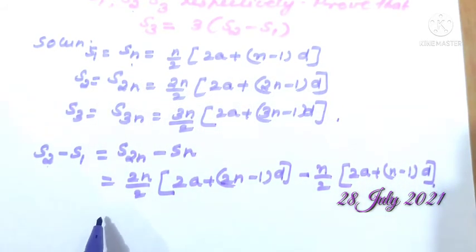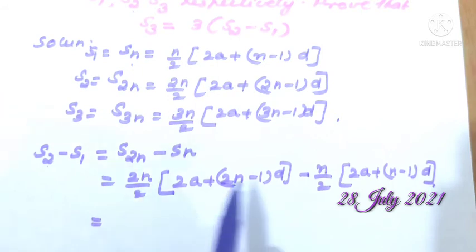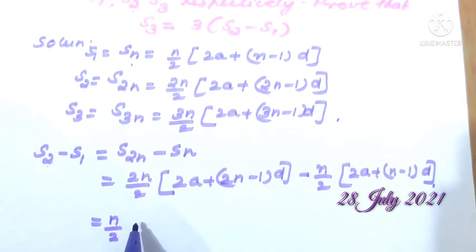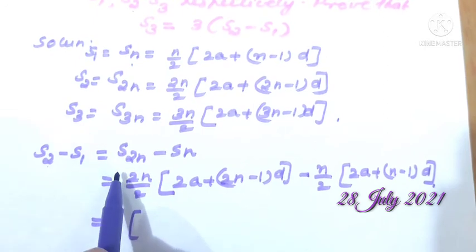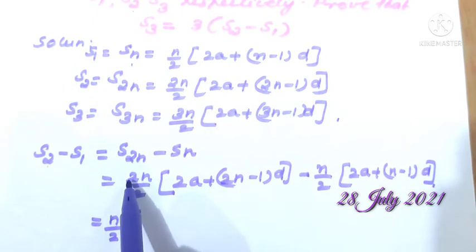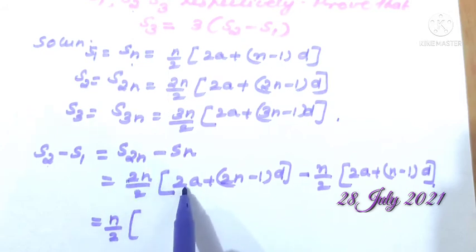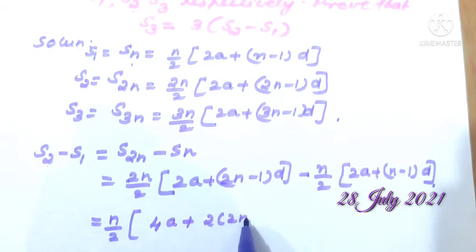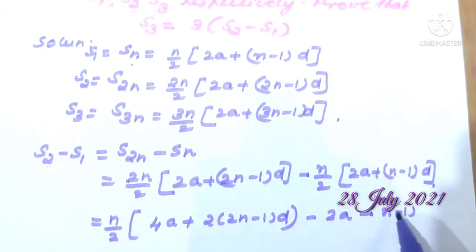Okay. Now let us take n by 2 common. Then what is remaining here? Expanding this, 2 into 2a, that is 4a, plus 2 into 2n minus 1 into d, minus 2a, minus n minus 1 into d.